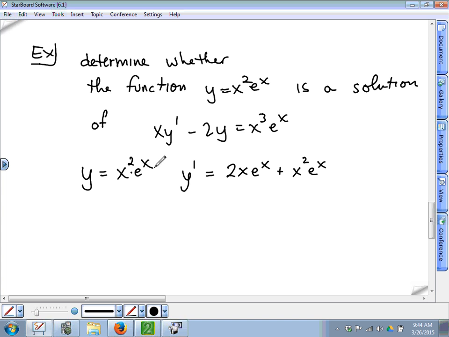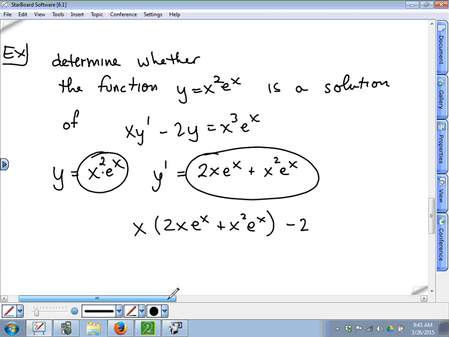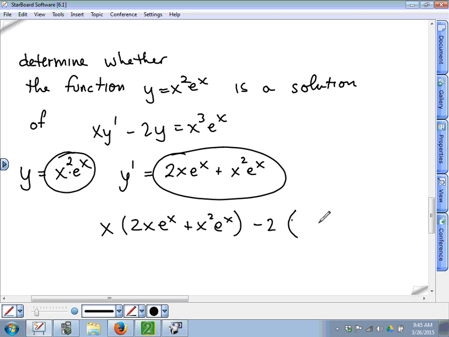Okay, so let's make the substitution now. Take both of these, and take that whole thing, plug it into the differential equation. Let's try to verify both sides. So we're going to have x times 2x e to the x plus x squared e to the x minus 2, and you just plug in your y, that's x squared e to the x.